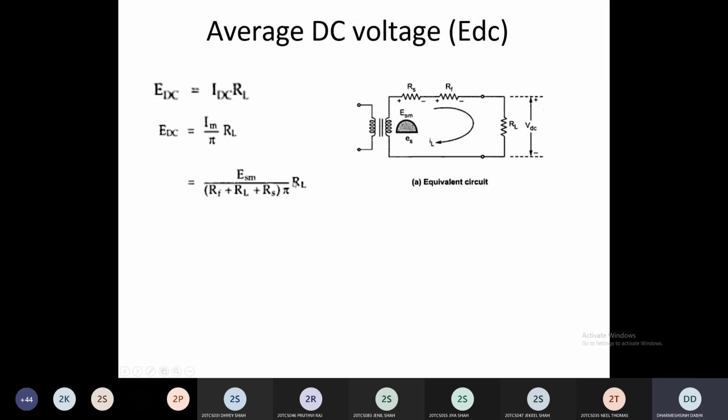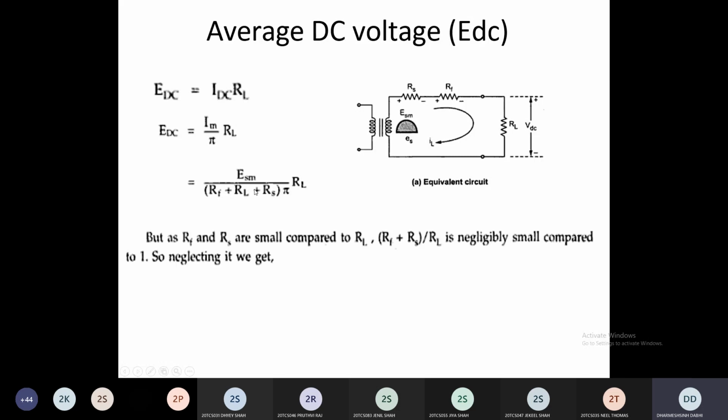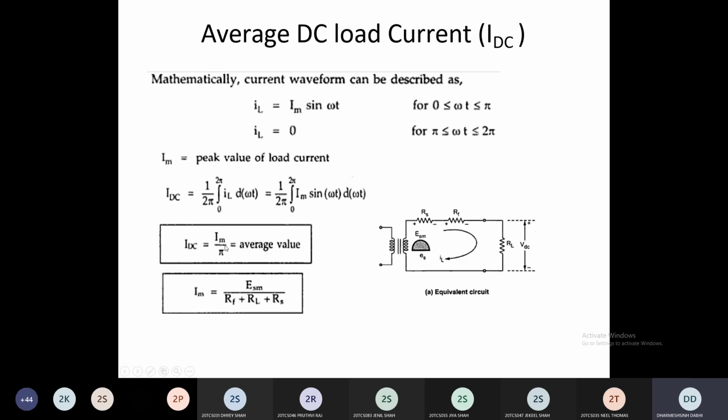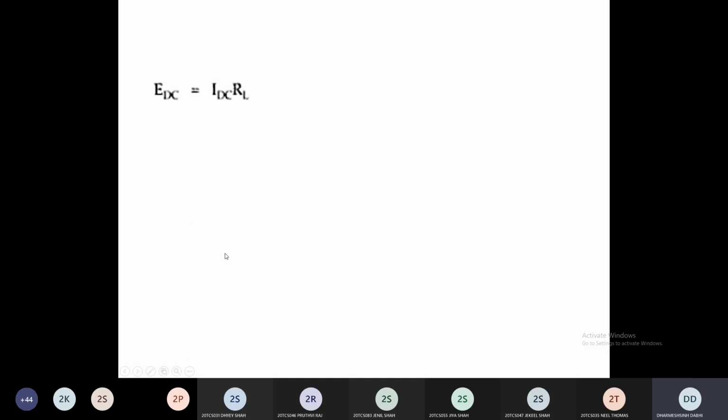So RL cancels out, and finally you get the answer: ESM divided by pi. The average DC voltage is equal to peak supply voltage divided by pi. It is the same as your DC current as we derived: peak value of current divided by pi.